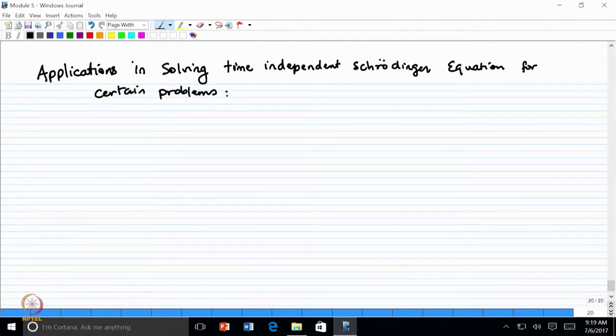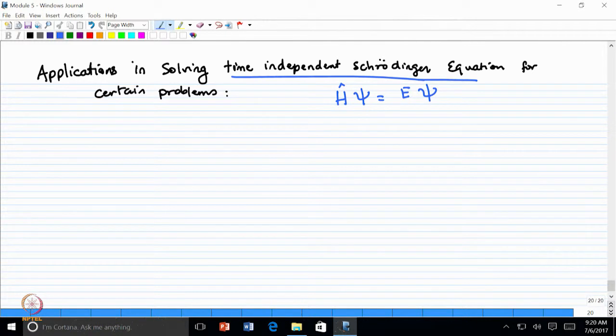There are certain problems which you will see in your quantum mechanics course, where the time independent Schrodinger equation, remember, is basically given by H, the Hamiltonian operator on psi, gives E times psi.